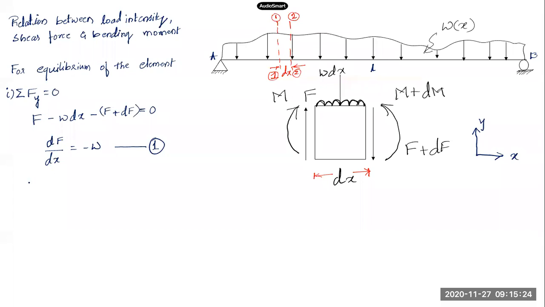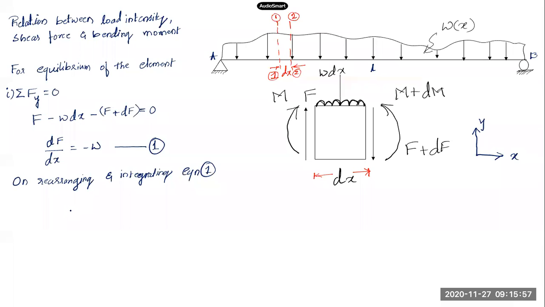Okay, further what I can do is, now let us consider this equation 1 only. On integrating this, I'll go for rearranging this equation 1 and integrating it between these two sections.